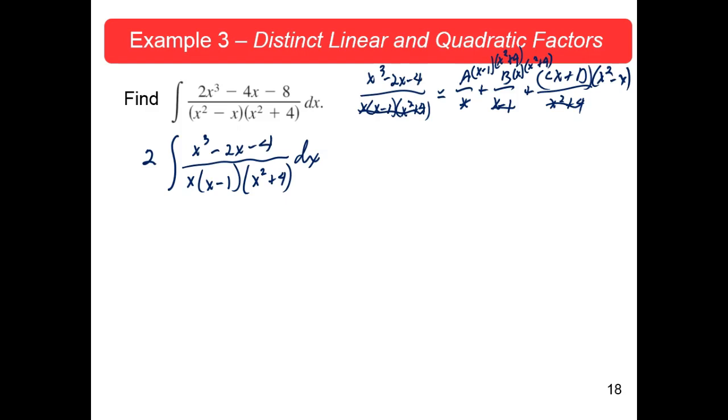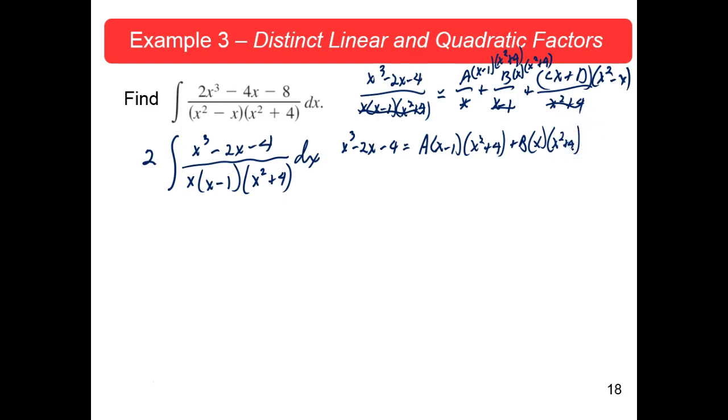Now, I'm going to write that out a little bit neater. x cubed minus 2x minus 4 is equal to A times x minus 1 times x squared plus 4, plus B times x squared plus 4.